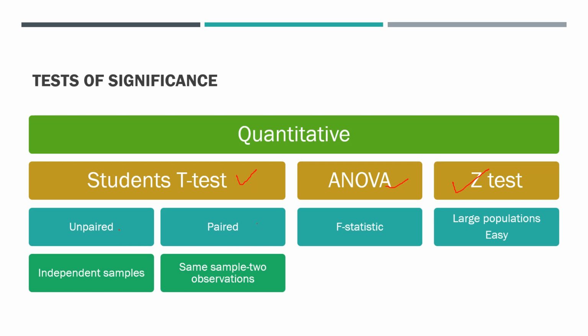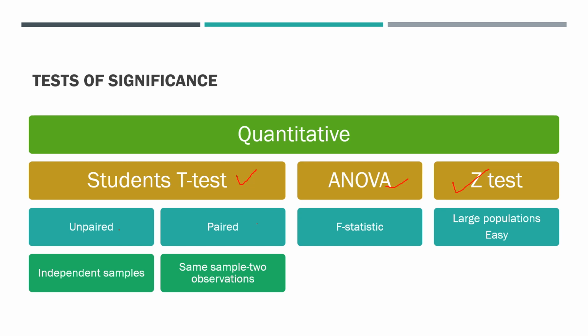When they are using older insulin, you have a mean, and when they are having a newer insulin, you have a different mean. So if for the same sample you are getting two different observations, you use a paired t-test. So with t-test, you can assess significance between two means, and for small populations also it can be easily applied.